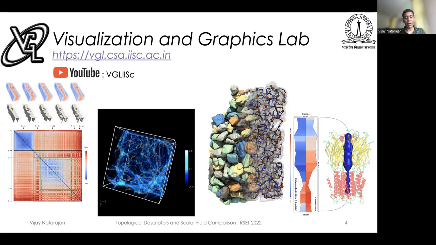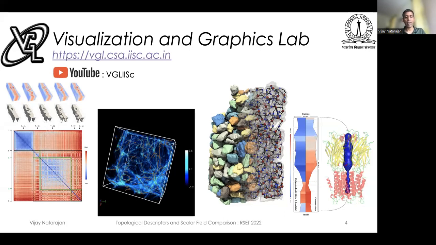So we design algorithms for computing these topological structures, for comparing them, for storing them, for measuring them, and for making sense out of data using these structures. We design visualization systems based on these algorithms that help scientists from different disciplines to make sense out of the data.